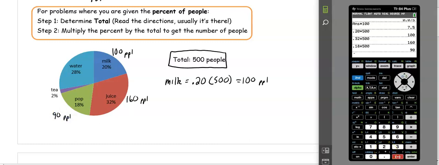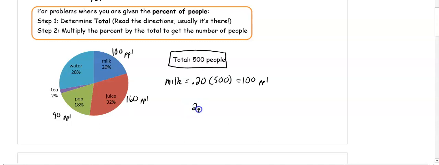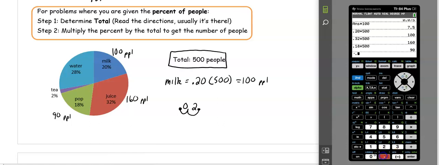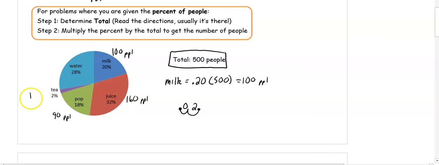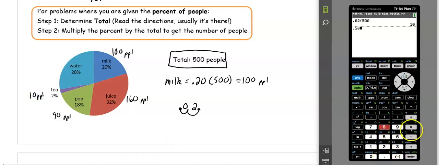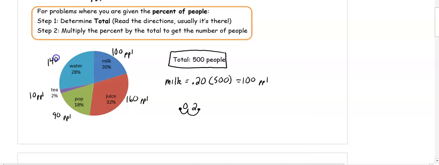So remember 2%, if we move that over, is going to be 0.02. So we have 0.02 times 500, and that gets us 10 people. And the last one, the water, we have 0.28 times 500, and that gets us 140 people.